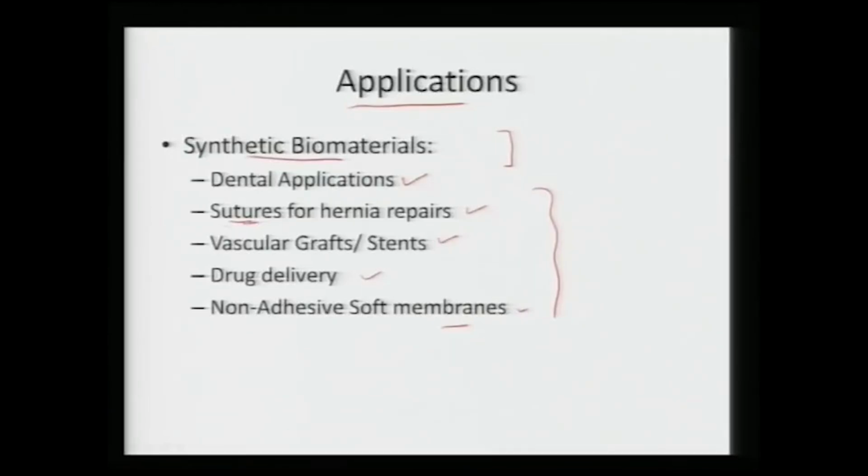Again there can be vascular grafts, stents for doing the repair of broken veins or arteries in a heart, drug delivery for releasing certain drugs at a required area, and non-adhesive soft membranes to avoid the sticking of two nearby tissues. So these are certain applications which are very essential for utilizing synthetic biomaterials.